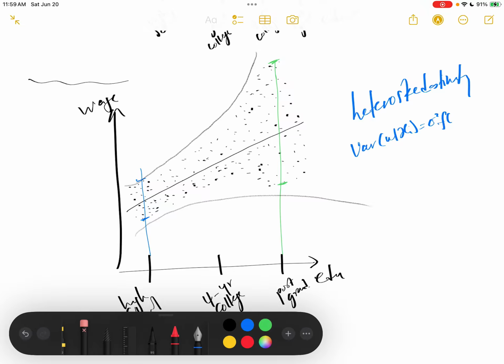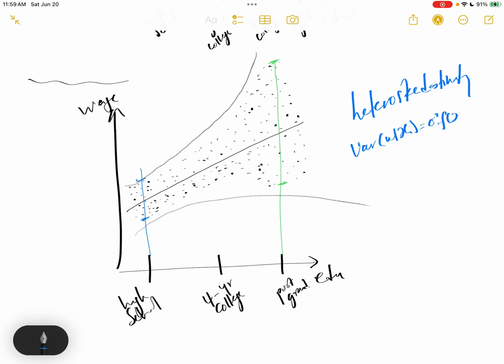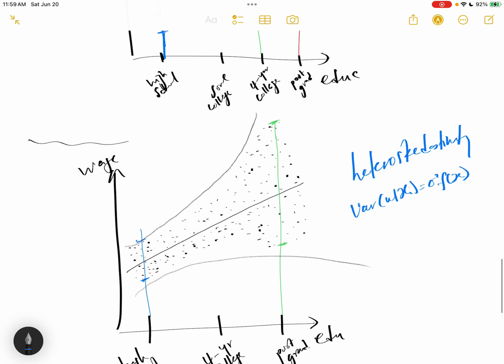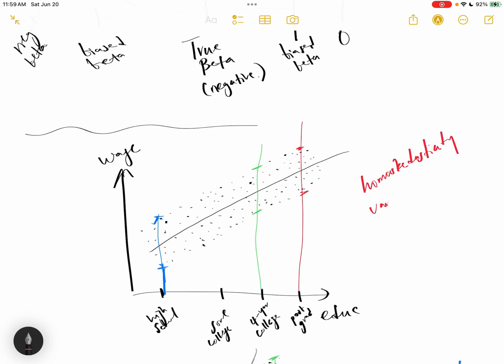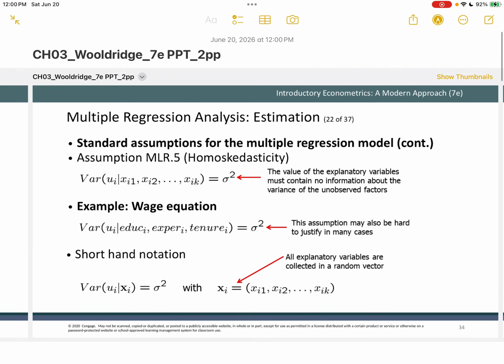So sigma squared times some function of x. So variation as x increases will grow, will get bigger. You see. Homoscedasticity, on the other hand, variation is some constant number. It does not grow as the educational levels change. Okay.